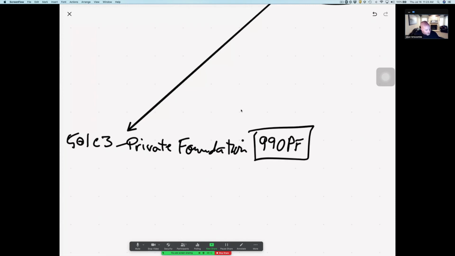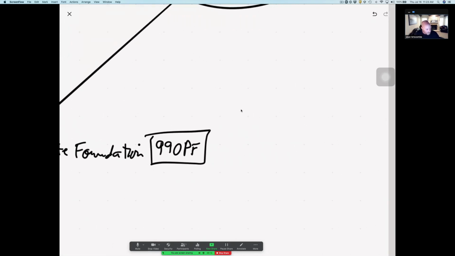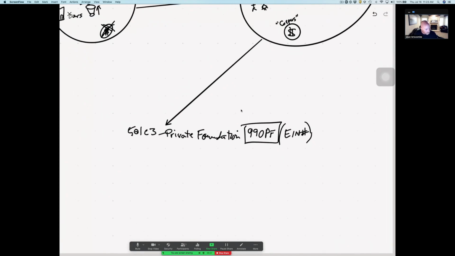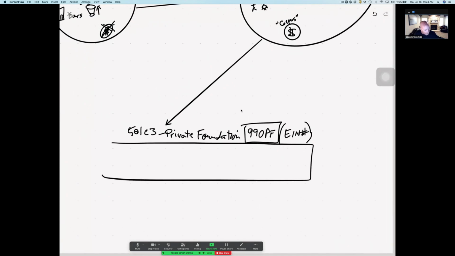PF stands for private foundation, and it has its own EIN number, separate and distinct. So it's a separate entity, or by definition, according to the Supreme Court, it's a separate person. Okay? And this entity, any money that goes into it is now tax exempt.